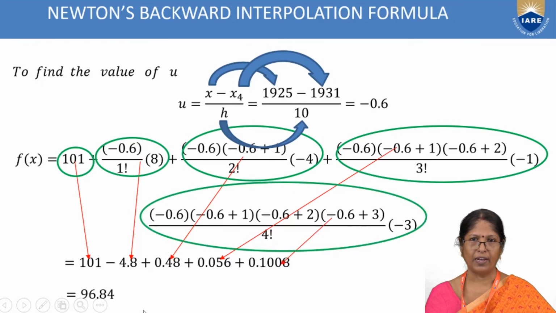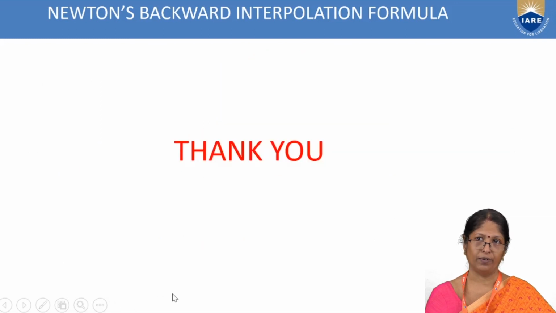So we got 96.84, approximately 97. So in the year 1925, the population is 97, using Newton's backward interpolation formula. That is f of 1925 is 96.84, approximately 97.